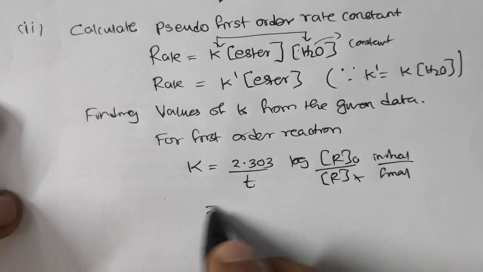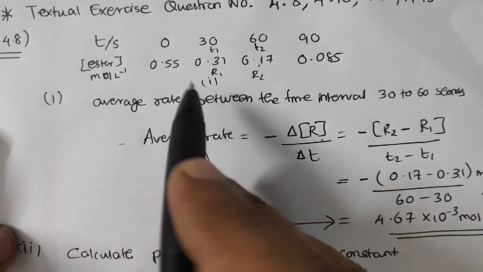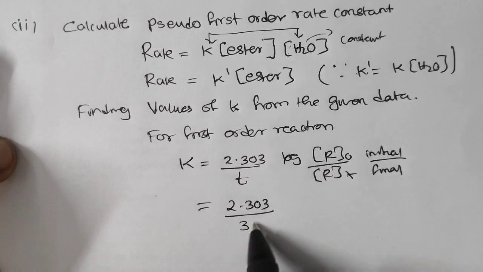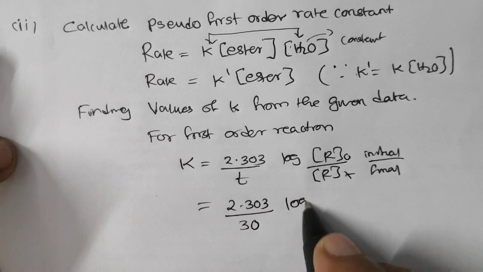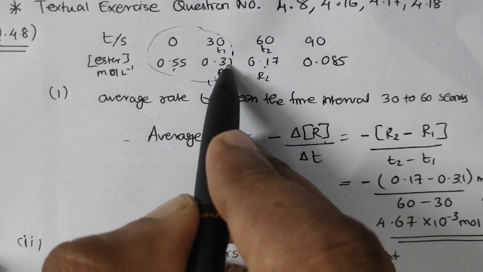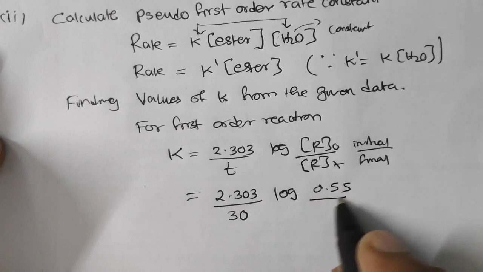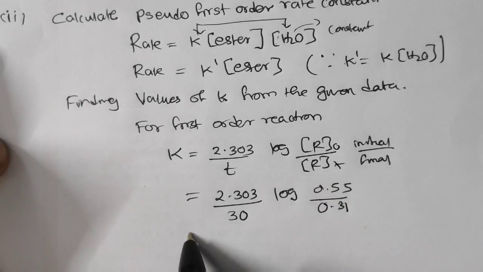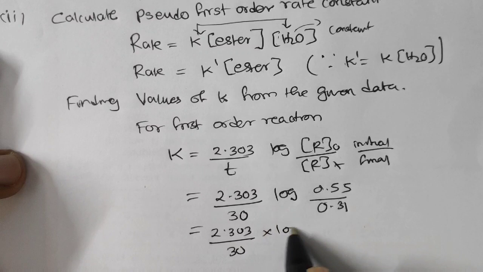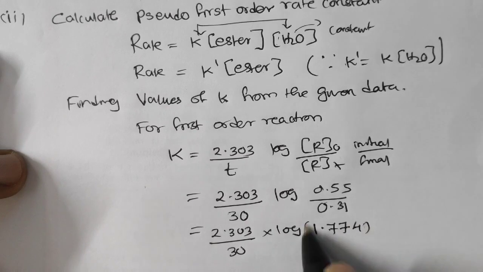So when we say 2.303, for the first one, these are the two things we are going to compare. It will be 30 minus 0, that will be 30, log R0, that is the first reading, 0.55, and this is Rt. So K is equal to 2.303 by 30 into log 0.55 divided by 0.31, which is 2.303 by 30 into log 1.774, if you simplify.